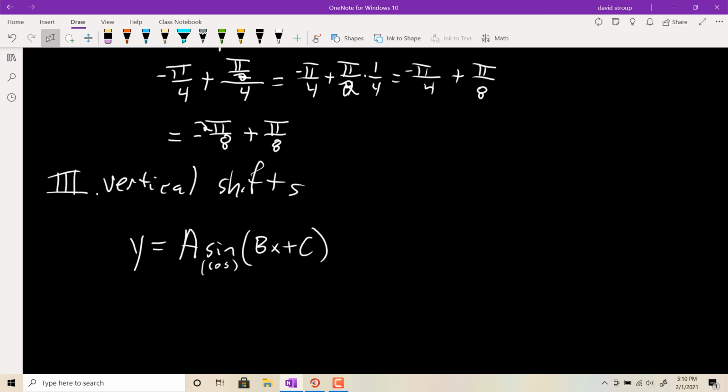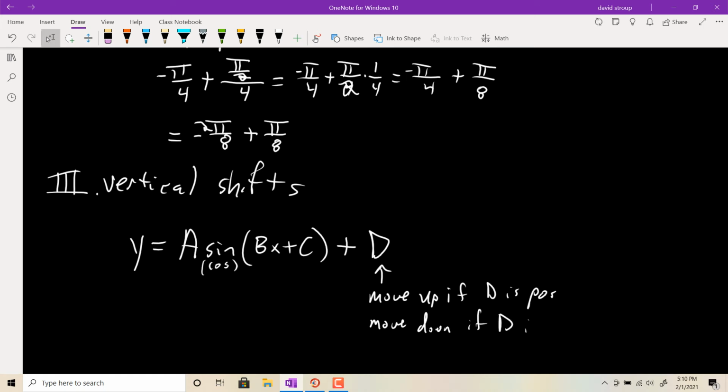So we know how to graph that. So you're going to graph that, and then you're going to move all the points up or down by d. Okay? So you're going to move up if d is positive, and then move down if d is negative.